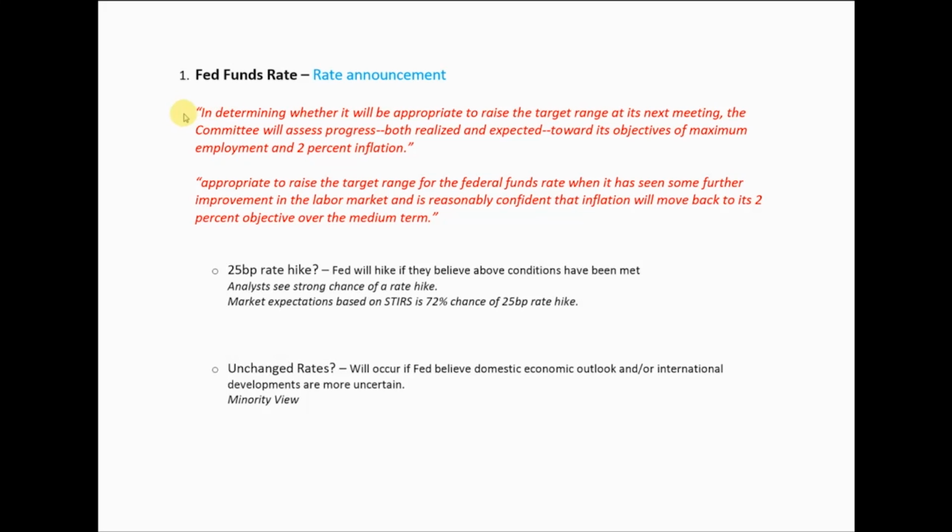So last time around they said, in determining whether it will be appropriate to raise the target range at its next meeting, the committee will assess progress, both realized and expected, towards its objective of maximum employment and 2% inflation. Additionally, they said it's appropriate to raise the target range for the federal funds rate when it sees some further improvement in the labour market and is reasonably confident that inflation will move back to its 2% objective over the medium term.